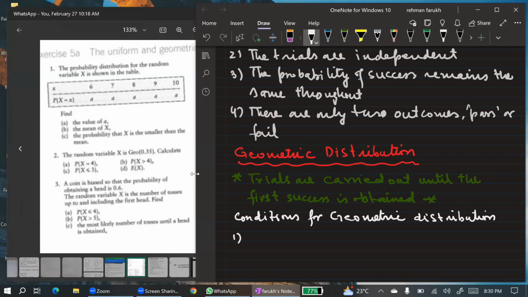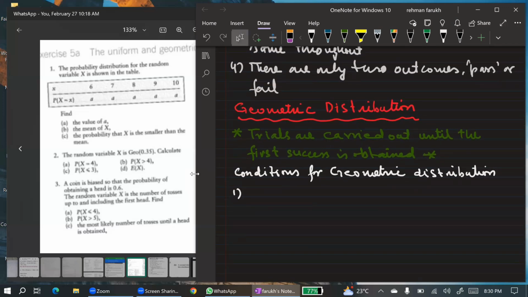A coin and a die are rolled. Now, if there is a head on the coin, will it affect the result on the die? No, sir. Okay. This one is the experiments are independent.